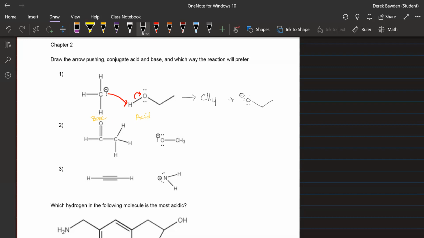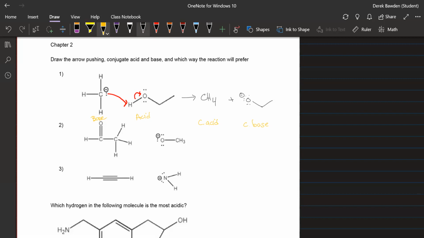All right, which one's our conjugate acid and our conjugate base? Which one's our conjugate acid? CH4. CH4, perfect. And our conjugate base is here, which is the negatively charged oxygen. All right. Let's see, did I do arrow pushing, conjugate acid and base, and which way the reaction prefers?